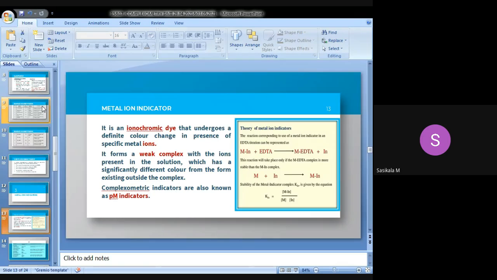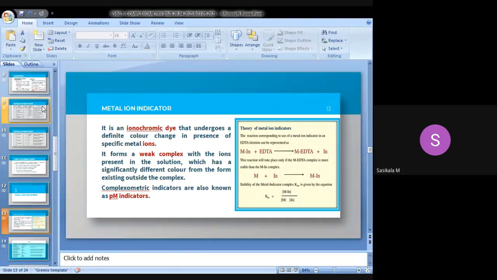Now we have discussed what metal ion indicators are. They are ionochromic dyes that form complexes with metal ions. They have different colors in free form and complex form, and they form a weak complex with the metal ion, so they will not interfere with the formation of the metal-EDTA complex, since the metal forms a strong complex with the titrant.